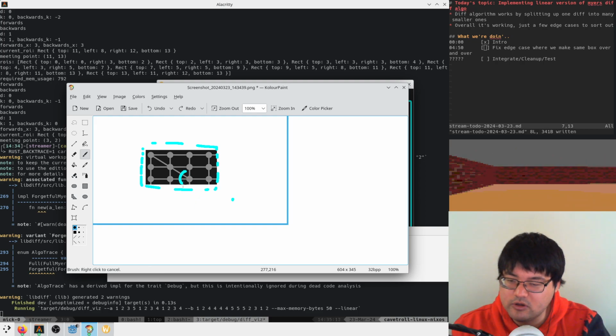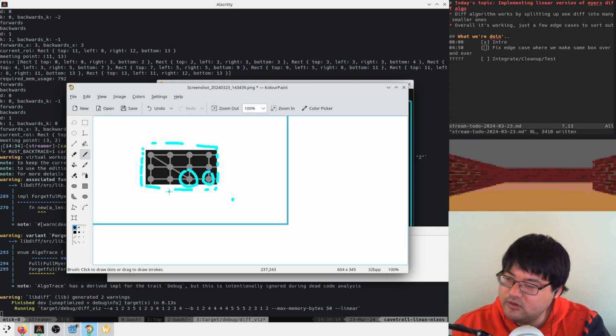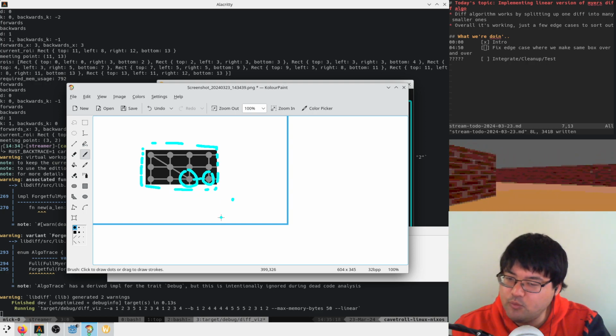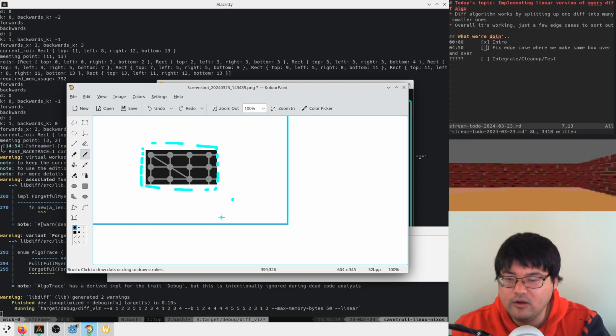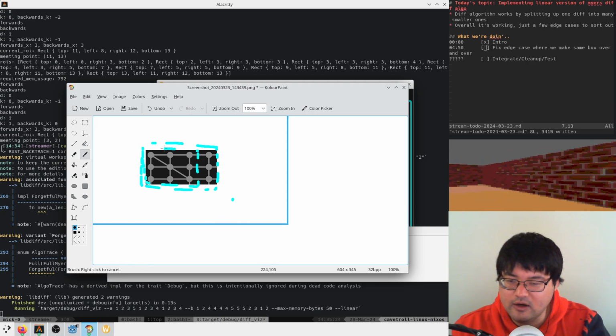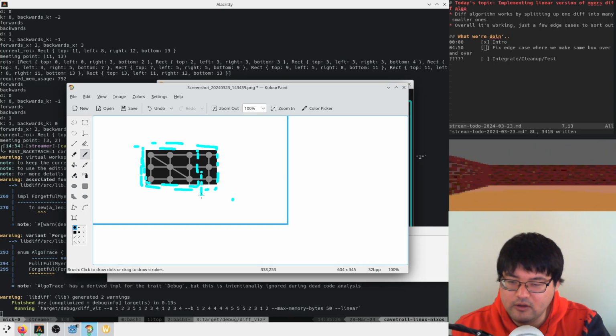But we want to store something about this connection in some way. So we want a box drawn here and then another one drawn here.